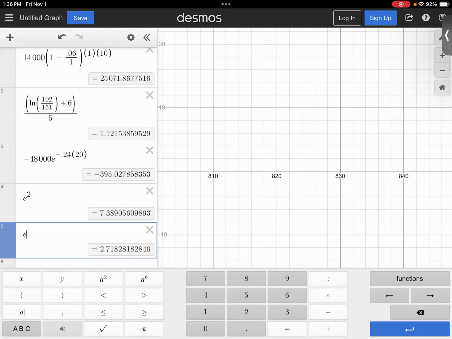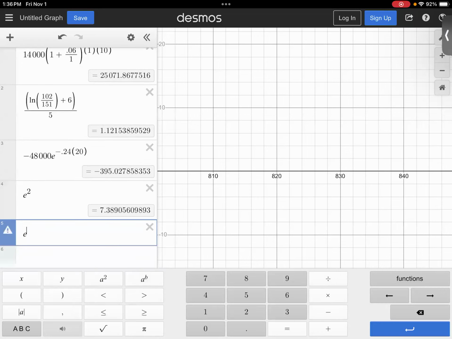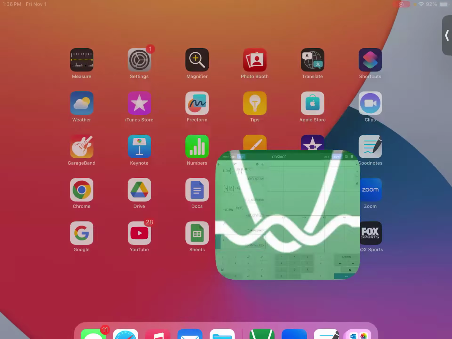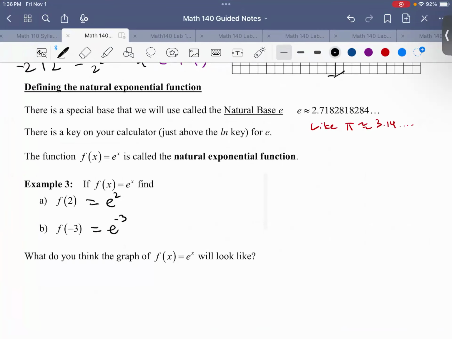So you want to click that a to the b option and click -3. And there you go. Those would be how you would calculate with our natural base e. Okay, so what we got was approximately 7.389 and approximately 0.0498.